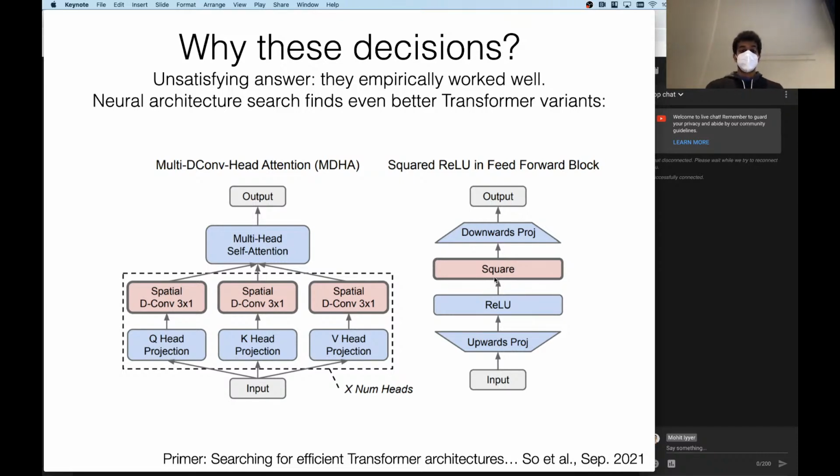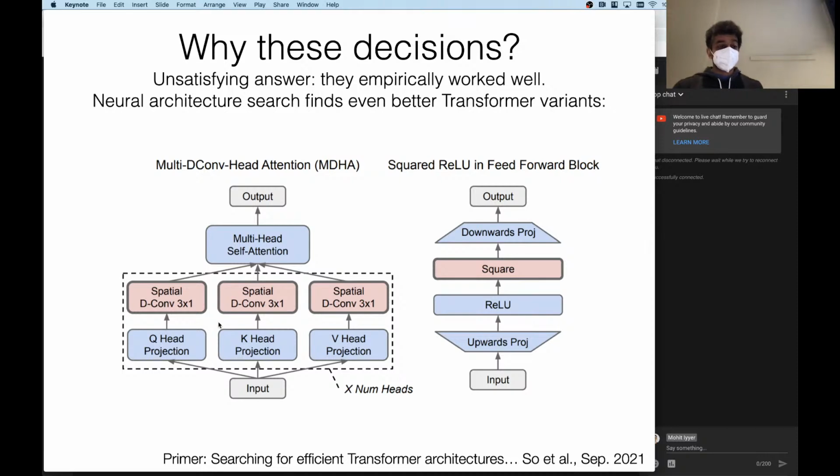But if you actually square the outputs of the ReLU, so you do this nonlinearity and then square all the results, so each number in the resulting vector is squared, it seems to help quite a lot. This is something that no one would really think about, and I don't know why you would think this would help at all, but it somehow helps significantly.